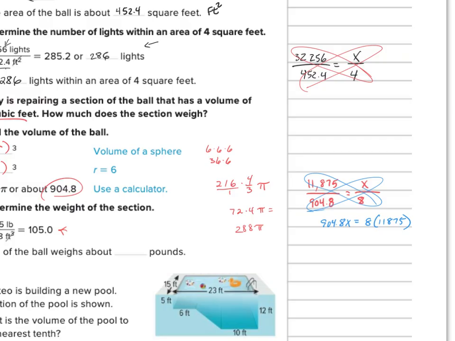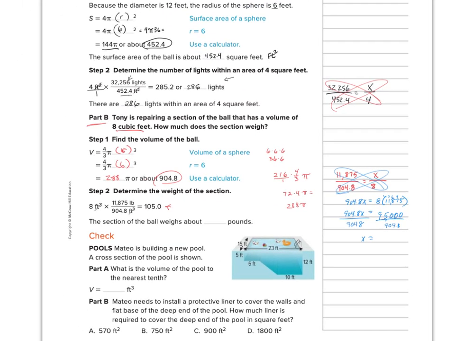And then 904.8x is equal to 95,000, divided by 904.8, and then x is going to equal approximately 105 pounds.